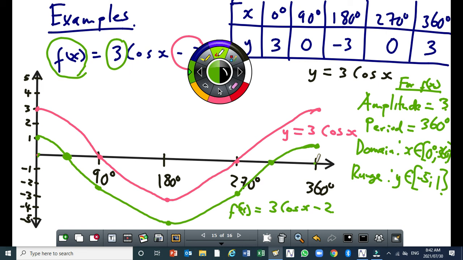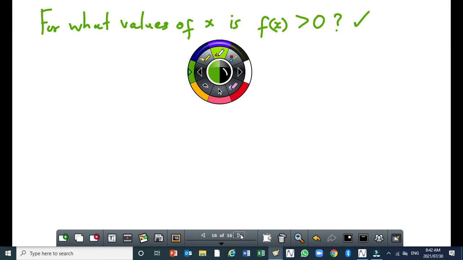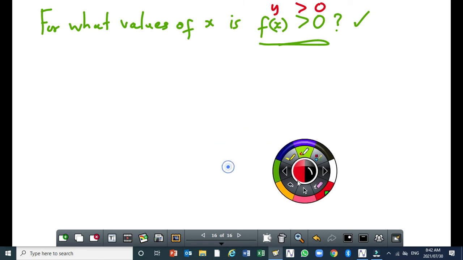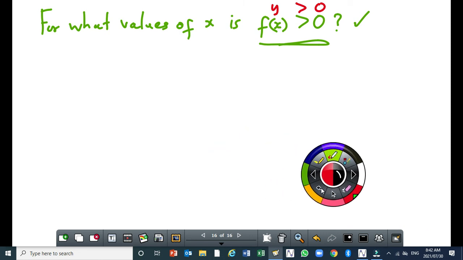So all we want is to determine what are the values of x that satisfy this inequality. This is an inequality. And I also need to let you know that it can also be written as y is greater than 0. The same thing. F of x is the same as y.